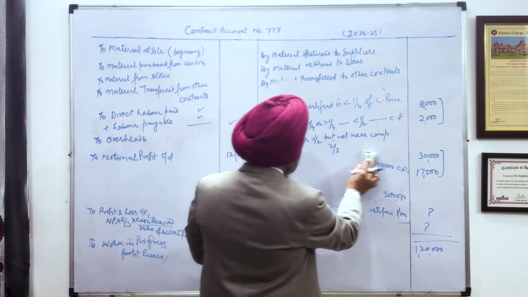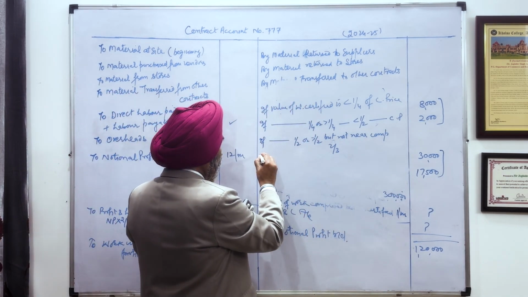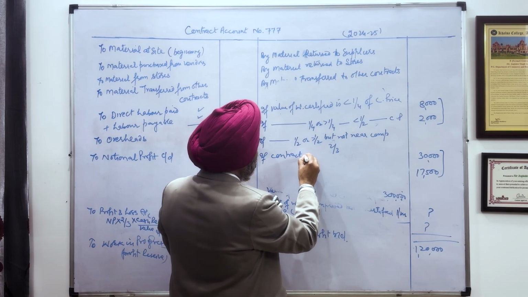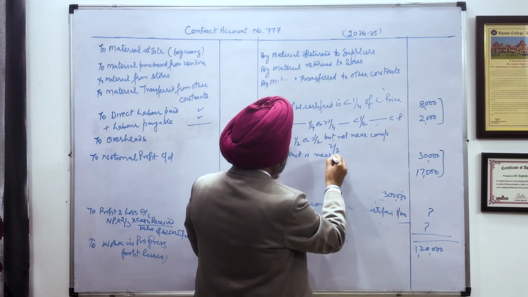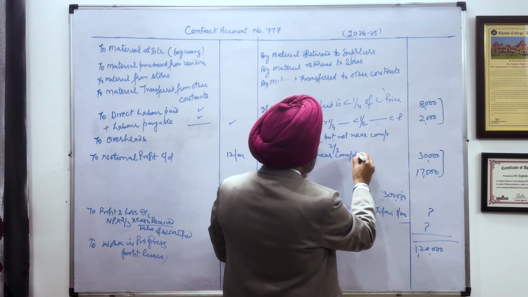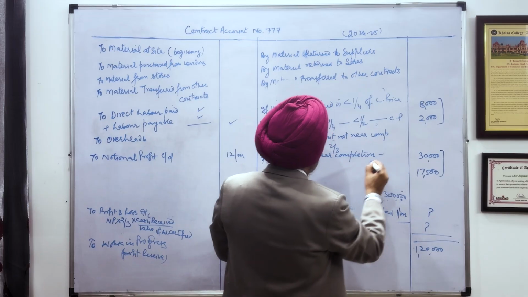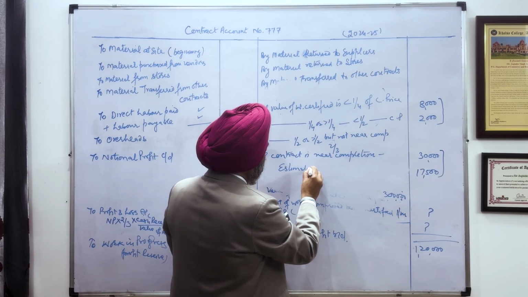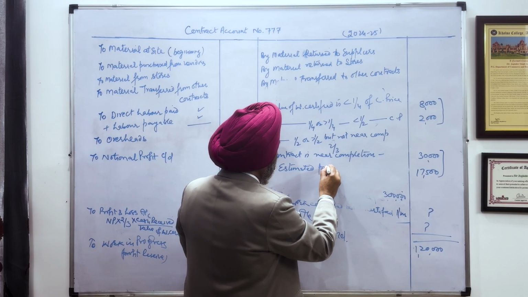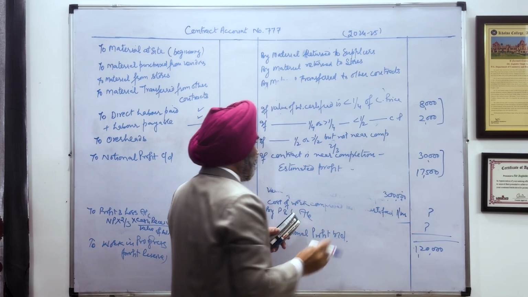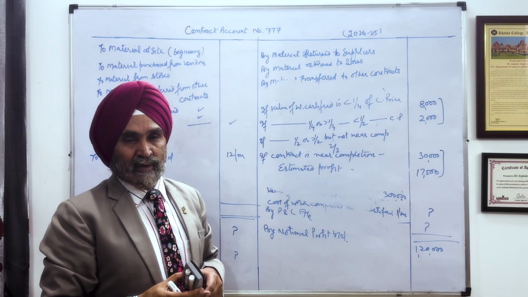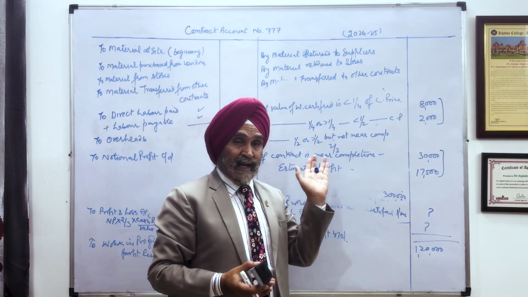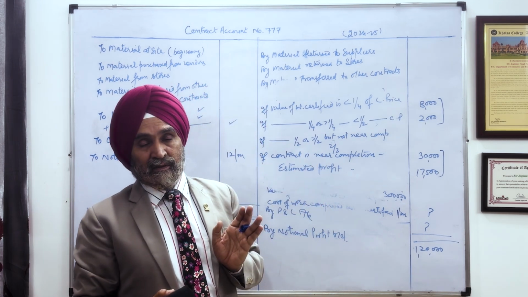And the fourth case: if the contract is near completion, then on the basis of estimated profits, the amount is transferred to profit and loss account. Whether the contract is near completion or not will be known from the question.